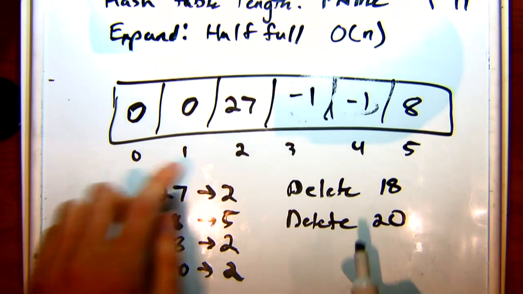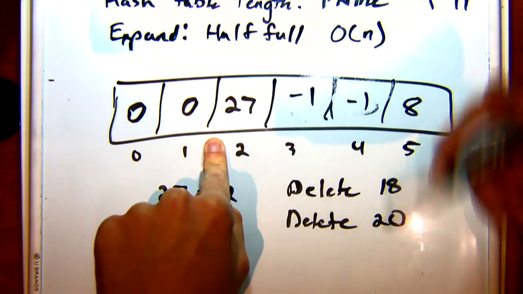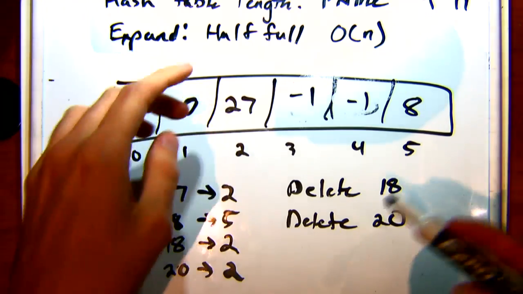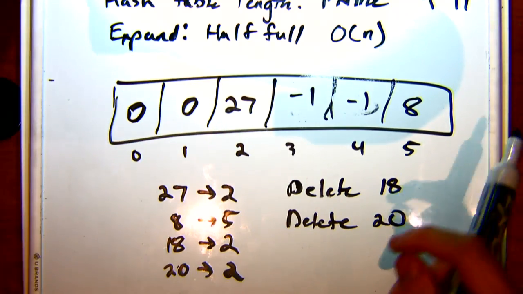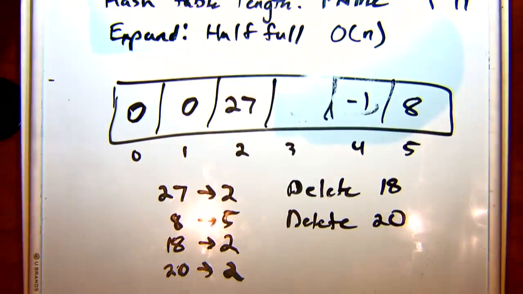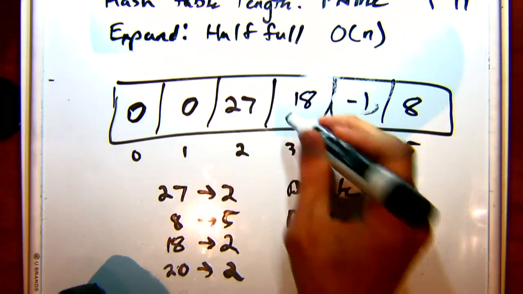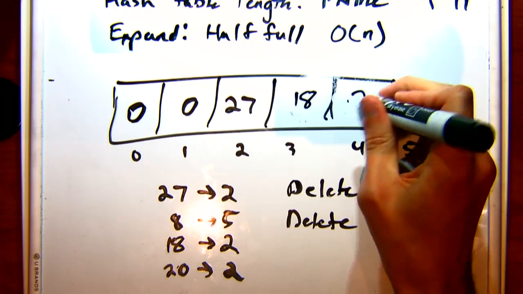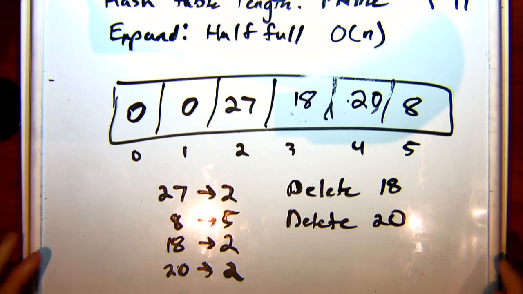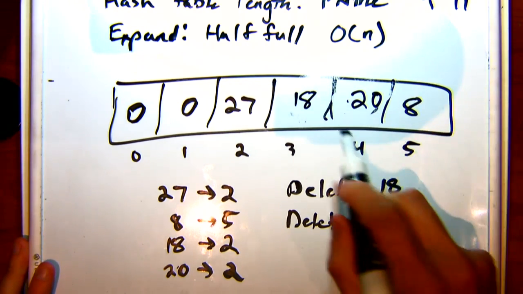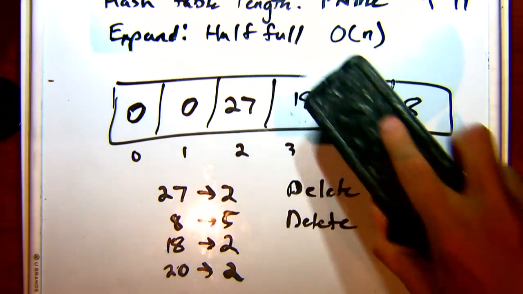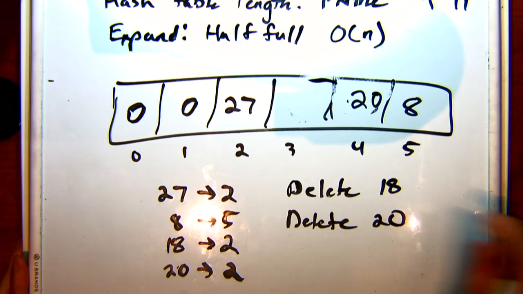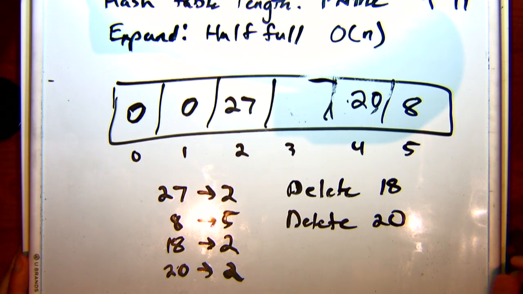And then we would come to it, and we'd hash something to 2, and so we would create the space there for an integer, and then we'd go to 3, and where we put that 18 in there, we'd malloc the space for that, and then when we got here, we'd malloc the space for this. And then we could delete 18, but we would still know it wasn't null, and we could keep going because we know it's not null. You could do something like that.